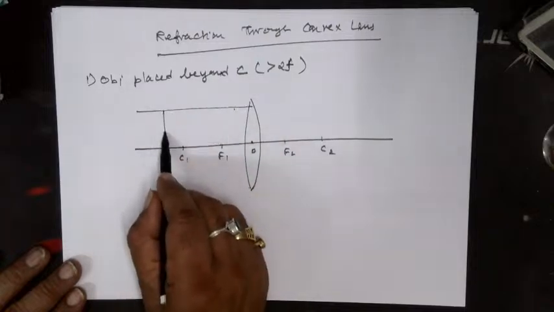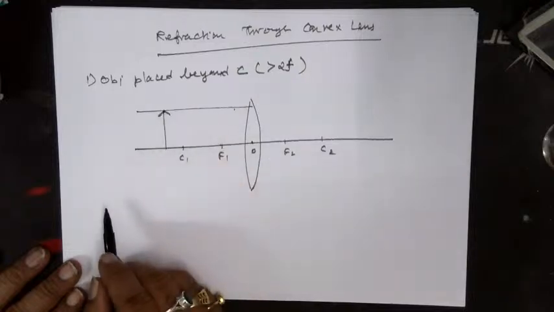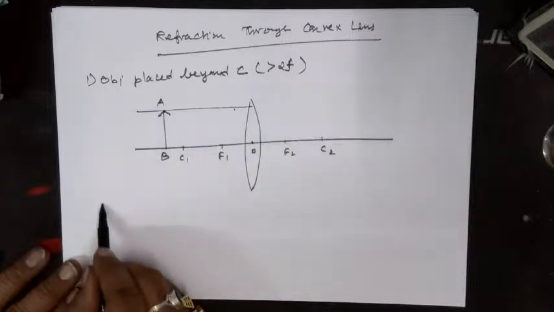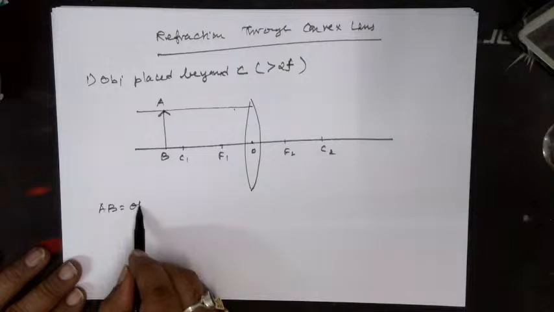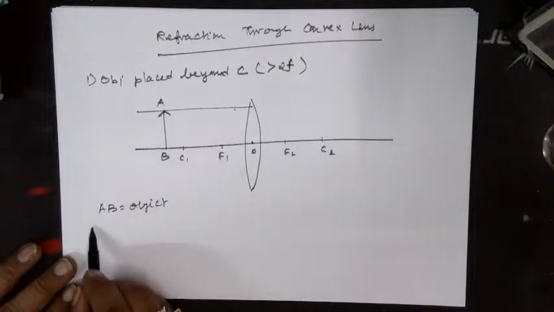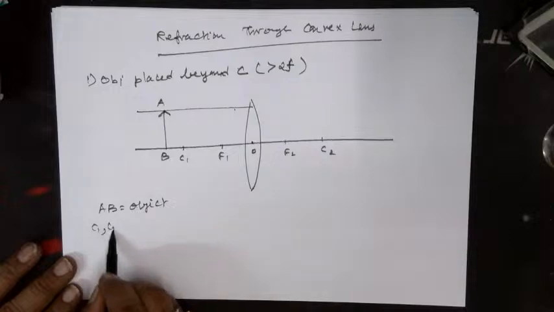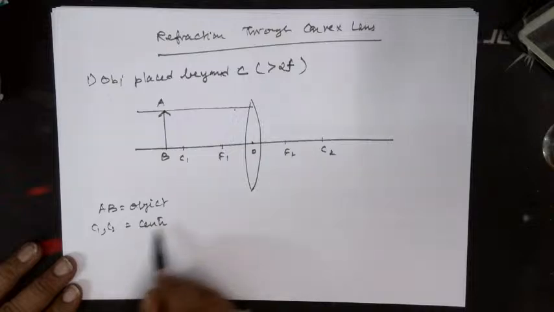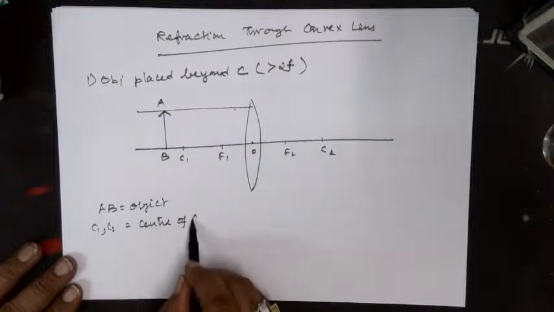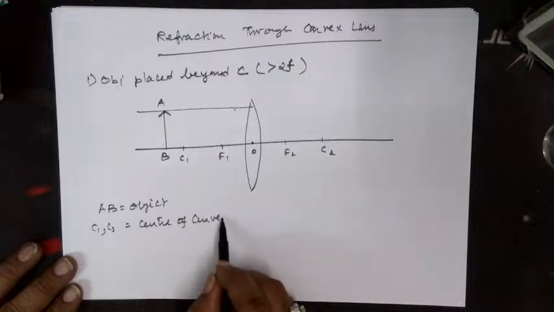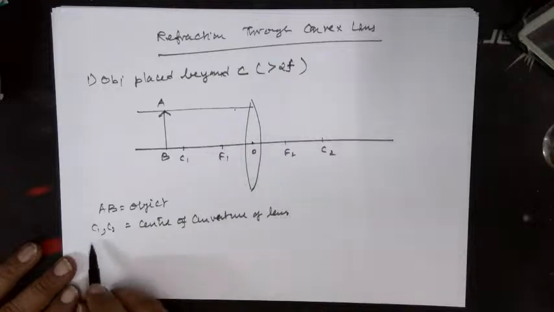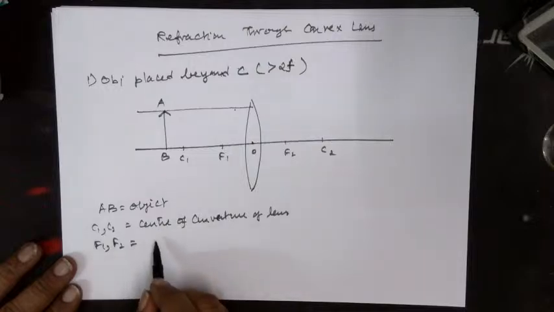So let me take here, this is the object. Let us call it A and B. AB is the object. C1, C2 are centers of curvature of the lens on both sides. And F1, F2 are principal foci.